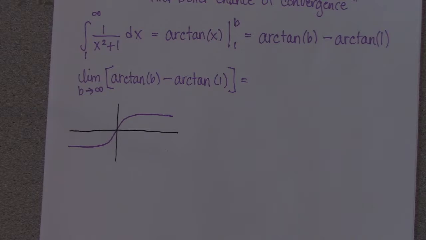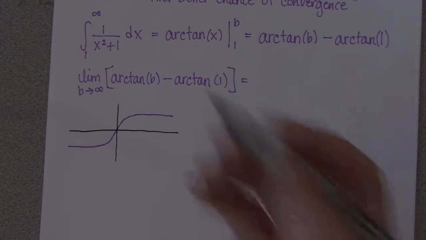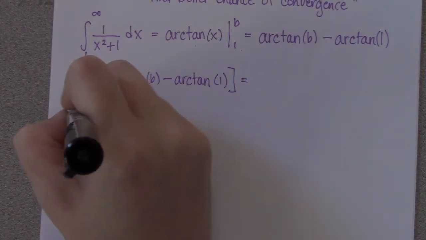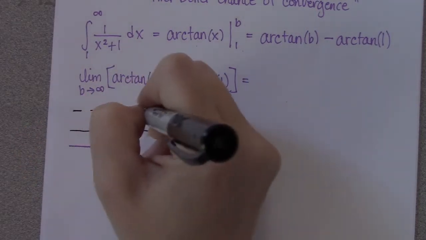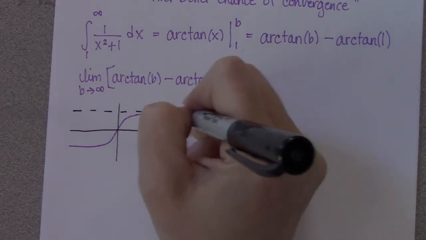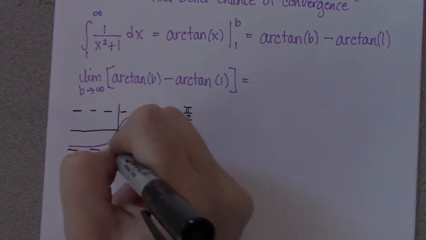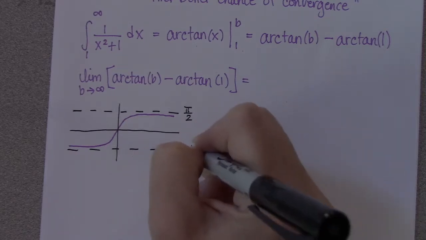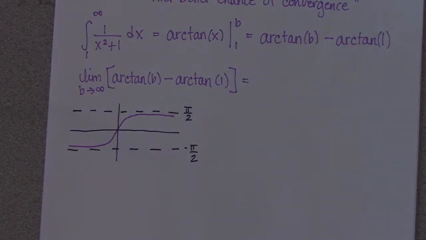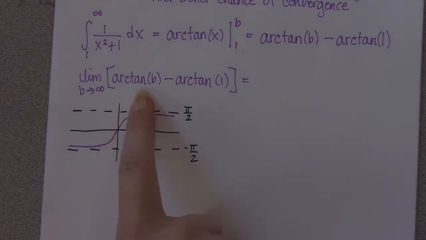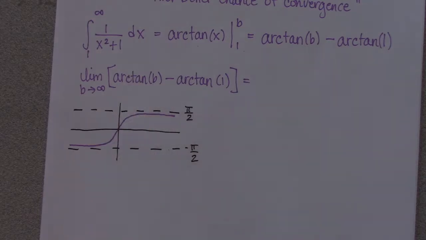So right around 0, tangent has vertical asymptotes at pi over 2 and negative pi over 2, which means the horizontal asymptotes of arctan occur at y equals pi over 2 and y equals negative pi over 2. As the values of x get bigger and bigger, the graph approaches pi over 2. So the limit as b goes to infinity of arctan of b is simply pi over 2.